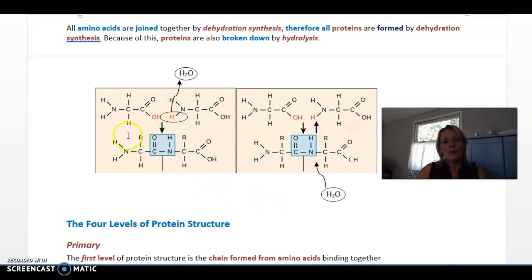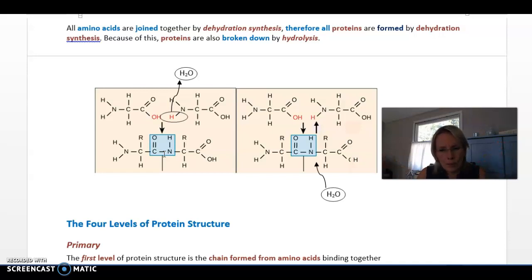So here you can see this is an amino acid, and here is another amino acid. The hydrogen is going to bind with the OH group on this other amino acid, forming water. Water will go away, and then the remainder of this molecule and this molecule will bind together, forming what is called a peptide bond, because it's between two amino acids that are going to make a protein.